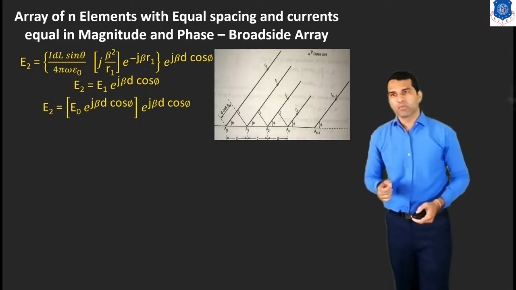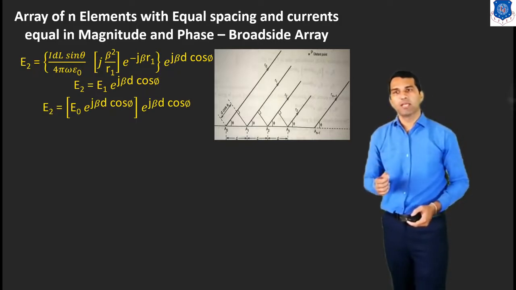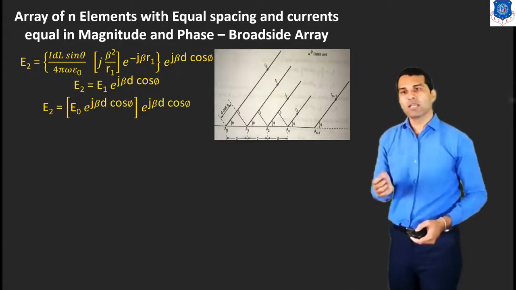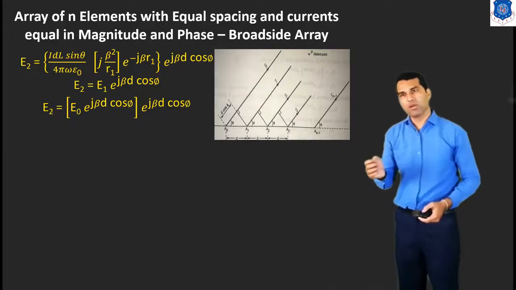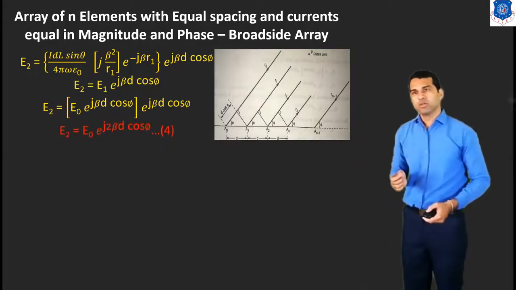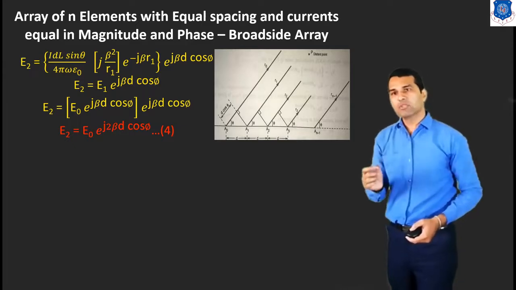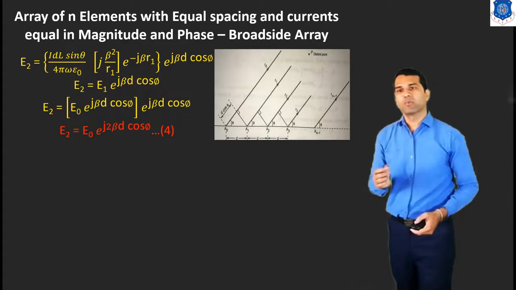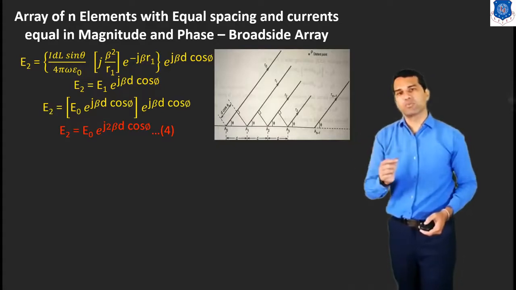So we have the E1 equation: E1 is nothing but E0 e raised to j beta d cos phi. Putting the value of E1 in this equation, we can write E2 = E0 e raised to j beta d cos phi times e raised to j beta d cos phi.